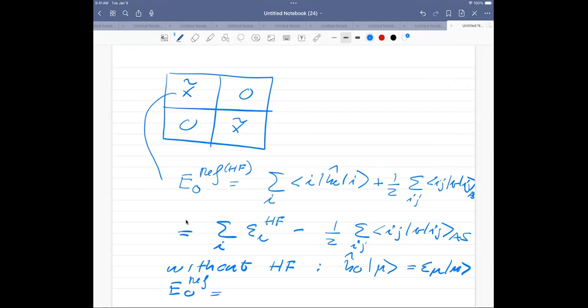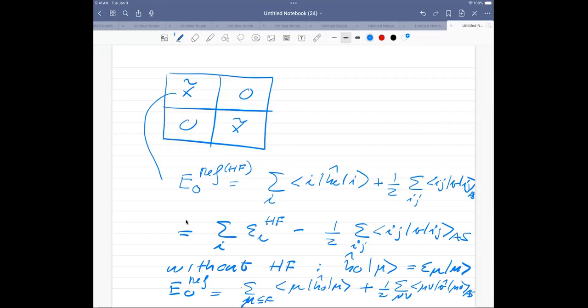That was given by the sum over mu less than the Fermi level of ⟨mu|h0|mu⟩ plus 1/2 the sum over mu nu of ⟨mu nu|V|mu nu⟩ anti-symmetrized. So this was the original energy.